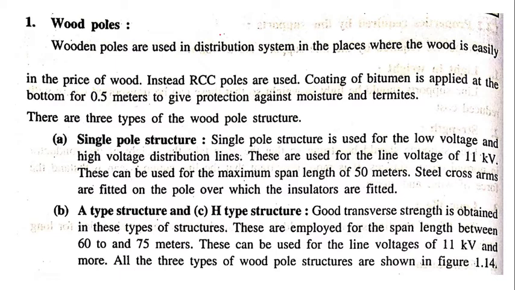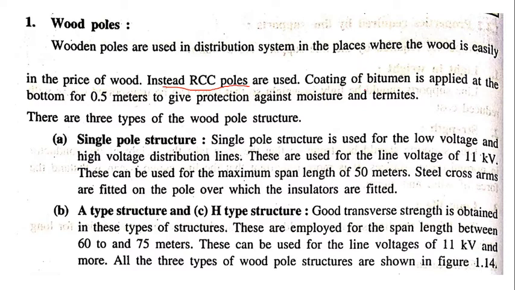Wooden poles are used in distribution systems in places where wood is easily available and the price of wood is low. Normally we use RCC poles, but if the availability of wood is very good and the property of wood is very good, then we can use our wooden pole.